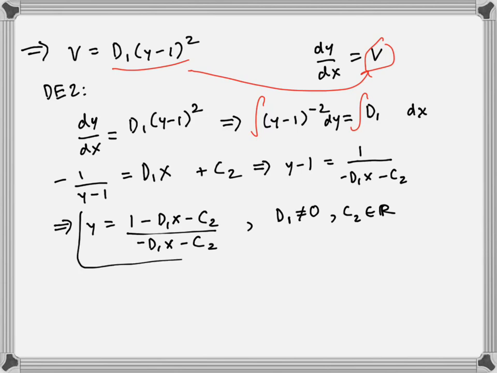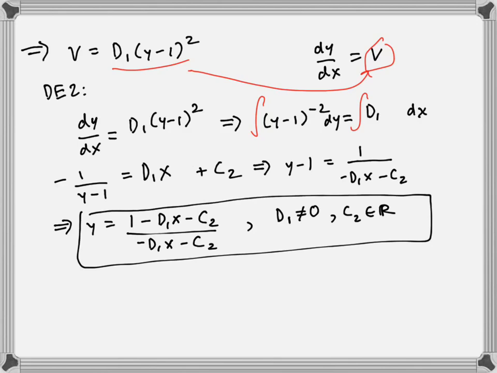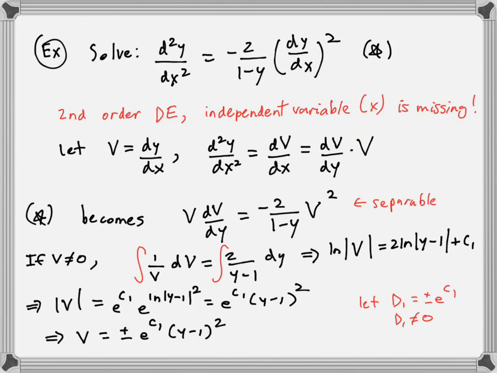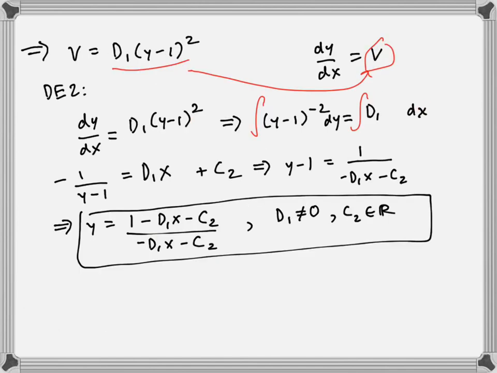Okay. Now, is that everything? There is one little thing that we overlooked, which when we came back here, remember we took the case of if v is not 0, right? If v is not 0, then you get all this, right? But what about if v is 0?